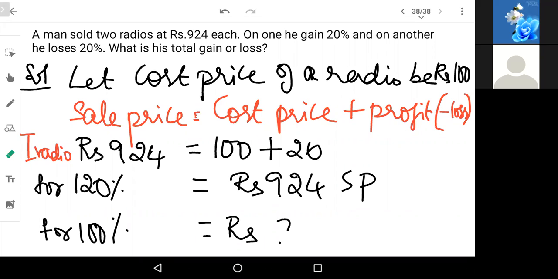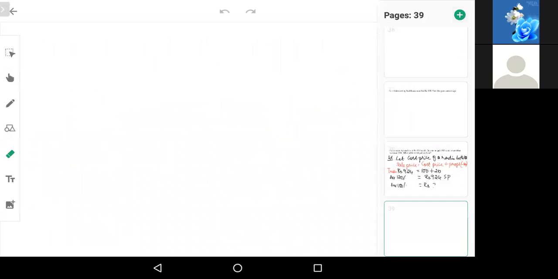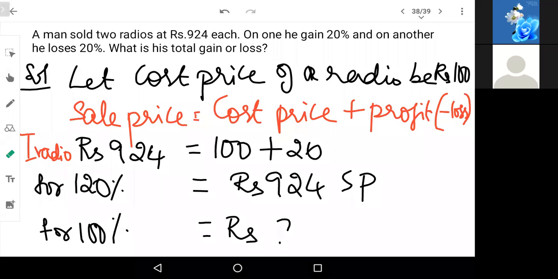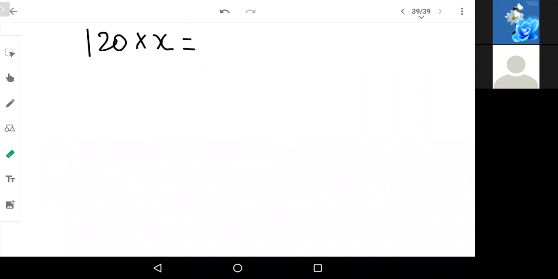Good. Now, let us solve this. So for 120, 120 into x is equal to, on the other side, 924 into 100. Don't take the percentage and all, take the whole numbers that are given.